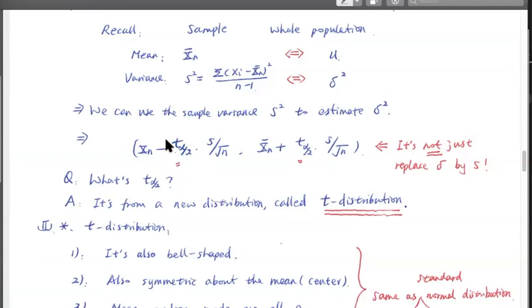Why? Because previously we had Z alpha divided by 2. Now it's replaced by this T alpha divided by 2, right? That's something different, everybody, right?